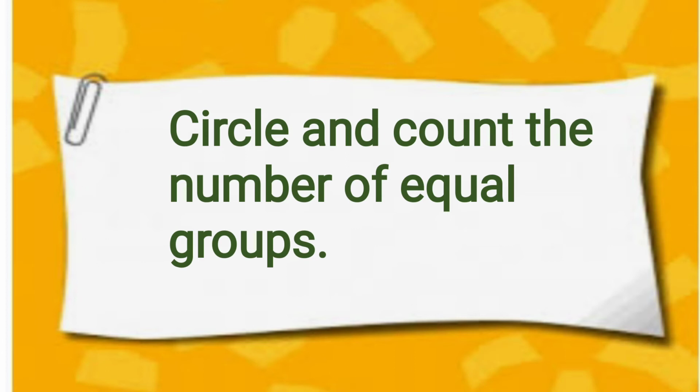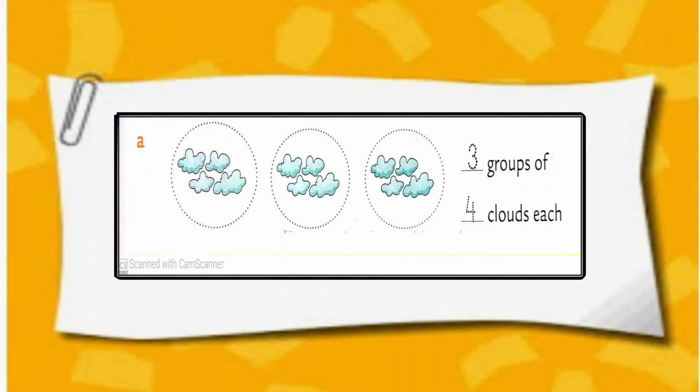Let us see how can we solve it. Look, in first sum, the circle is already done as well as the answer is written. So first of all, everyone draw 3 groups.